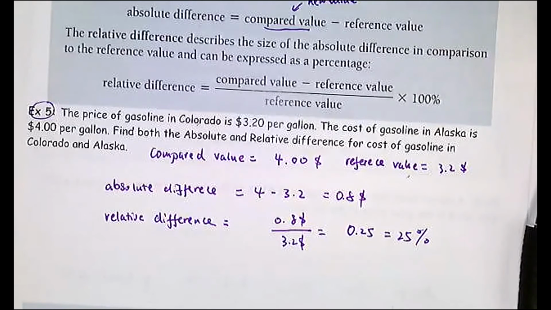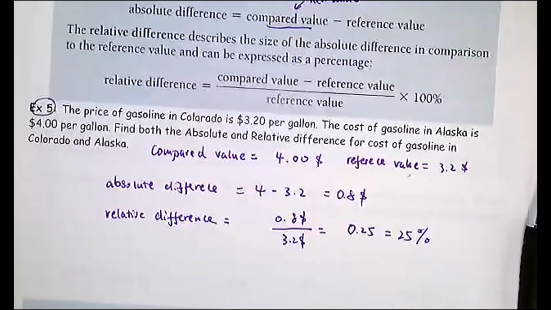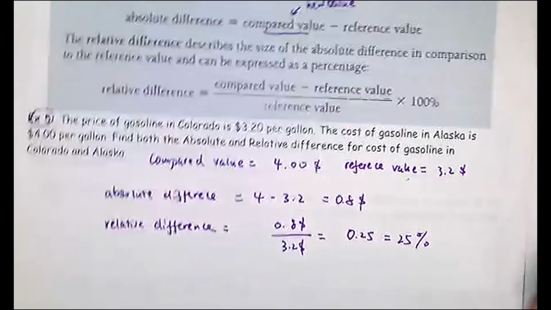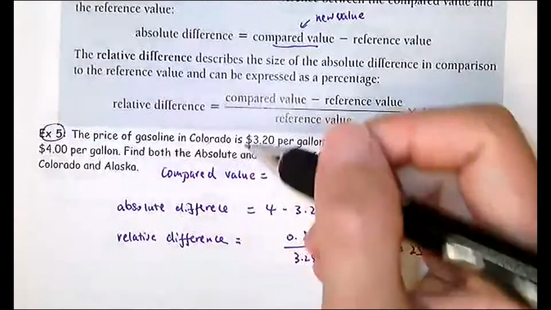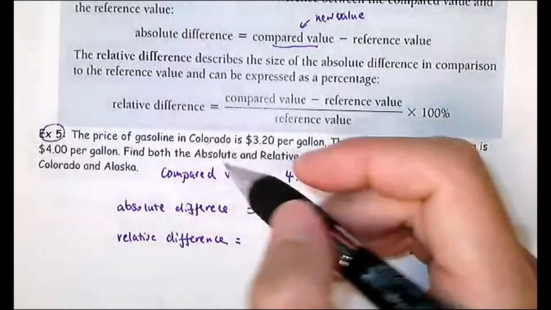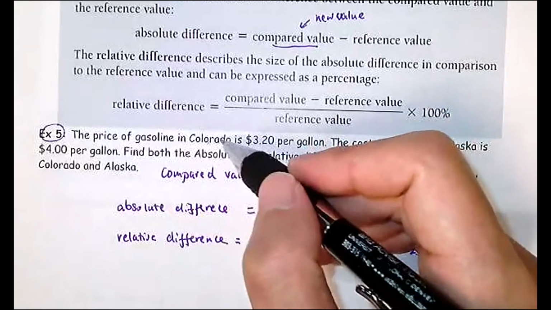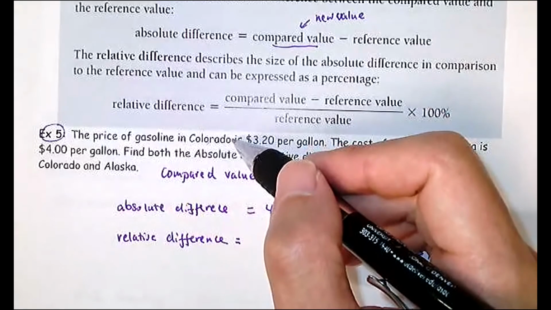If you use the other way around, how would you know which is the compared and reference? Okay, very good question. This is just because we are in Colorado. Most of us are in Colorado.